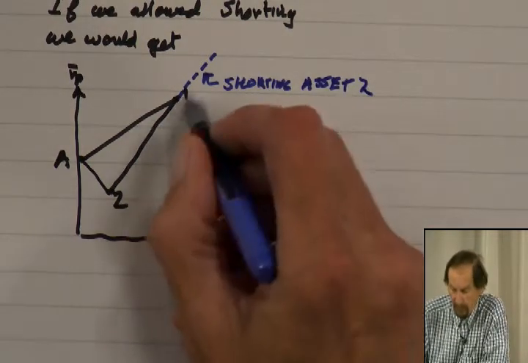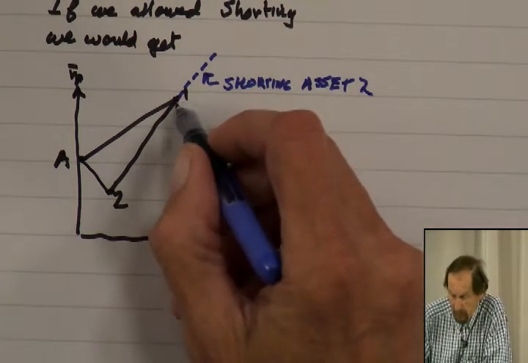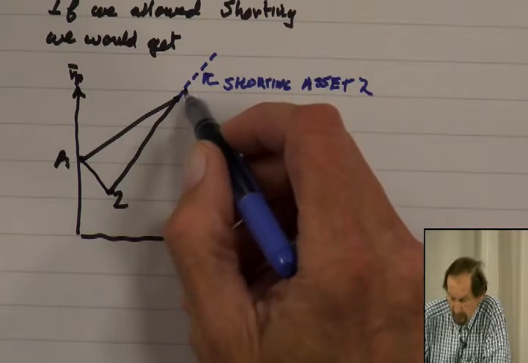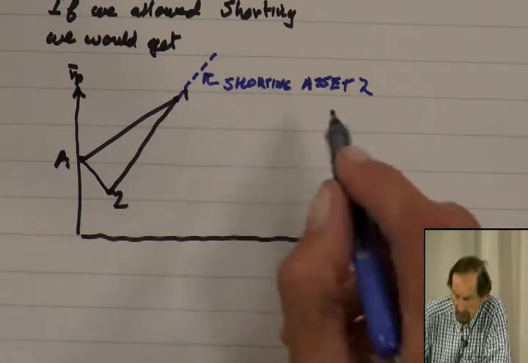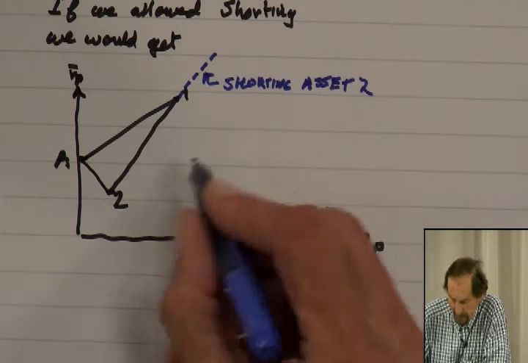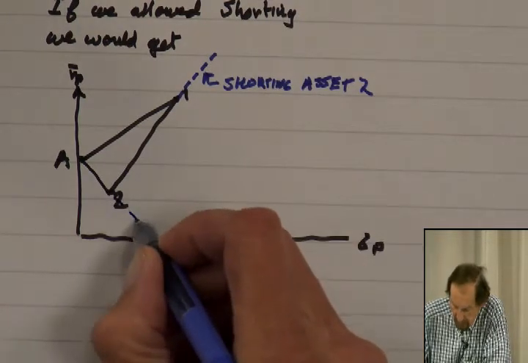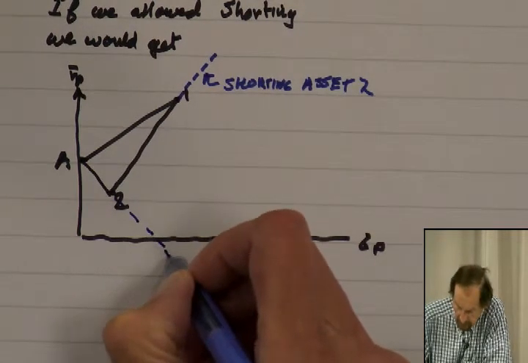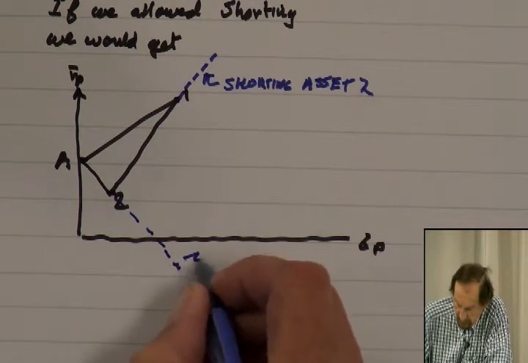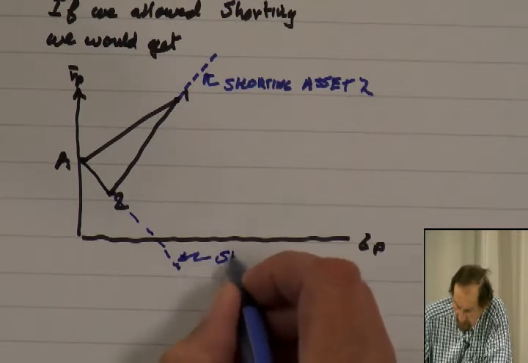Why? Because it goes up from the 1, we're buying more than 1 here. So to do that, we must short asset 2. And here, we short asset 1.